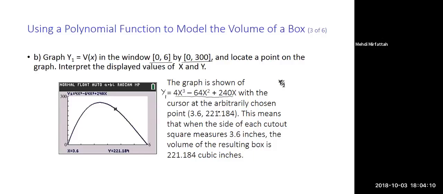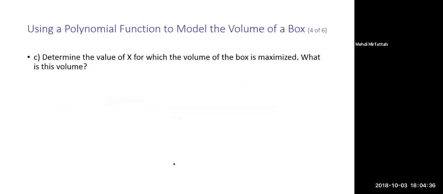At the arbitrary choice x equal to 3.6, if I assume that the length x equals 3.6, then the volume of the resulting box would be 221.184 cubic inches, just by looking at this figure using your calculator.